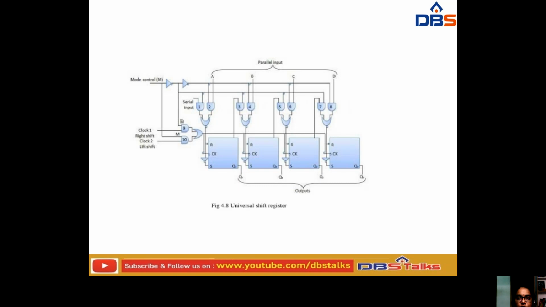Because if the user wants to shift right, and only the shift left operation is available, he can't shift right. So by considering the user requirement, both shift left and shift right operations are performed sequentially. So up to here we have completed this concept.